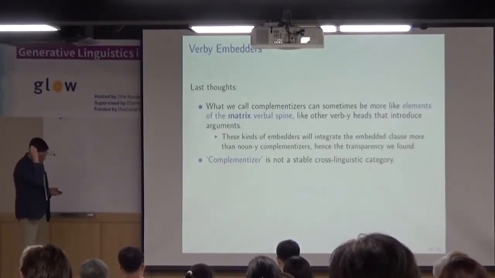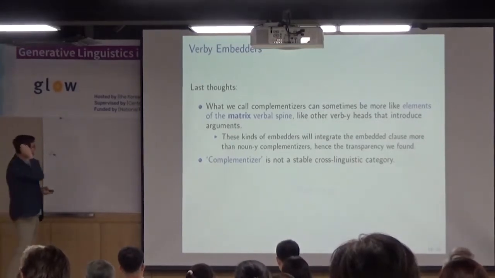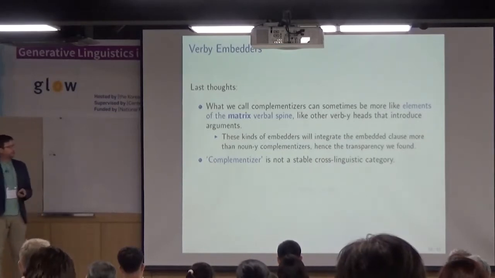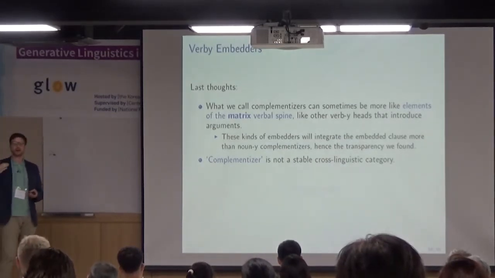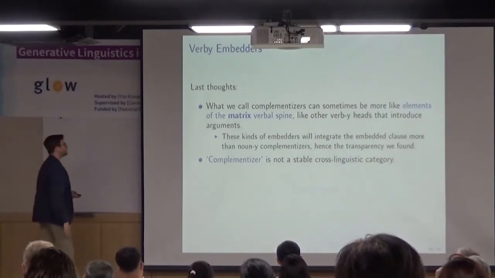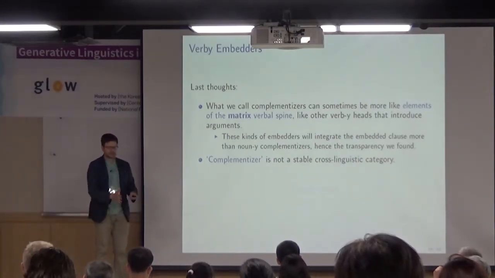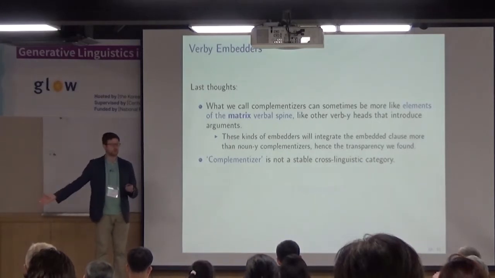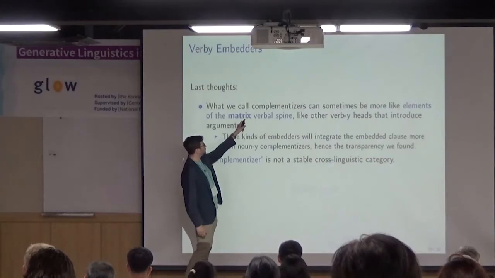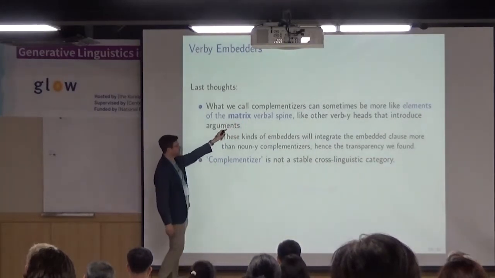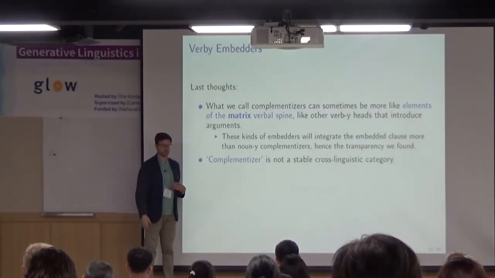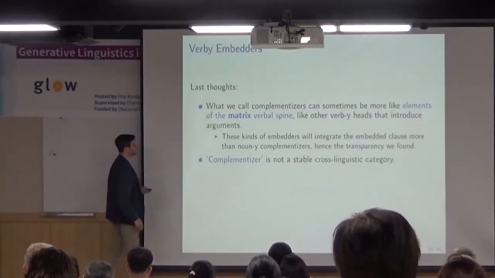So just as some last thoughts, I think what we call complementizers in natural languages should sometimes be thought of as elements of the matrix verbal spine. They're not like Cs that introduce a new domain, a new CP domain. They're more like elements of the matrix verbal spine, just like you would think of applicative heads as elements of the matrix verbal spine that introduce arguments, little v's and so on.